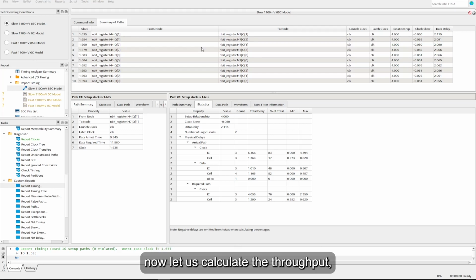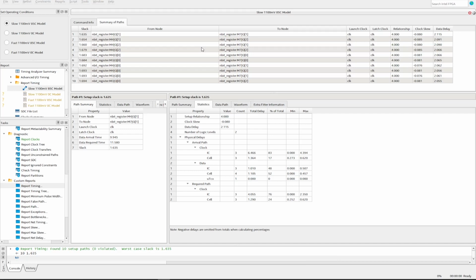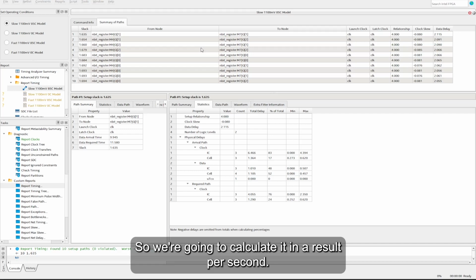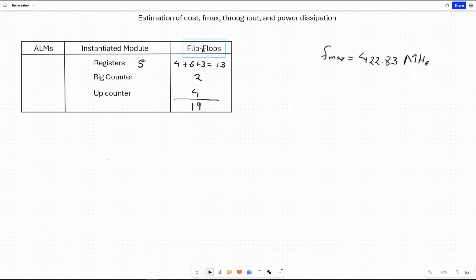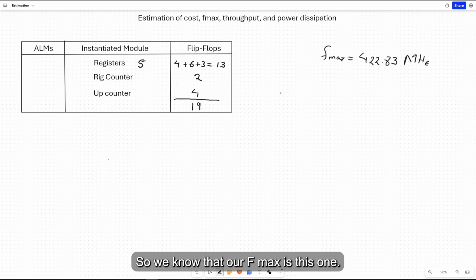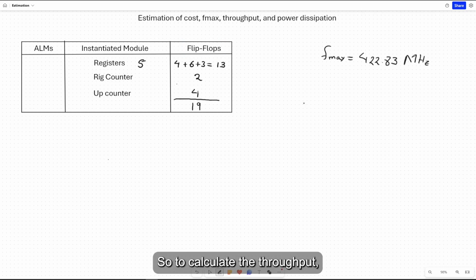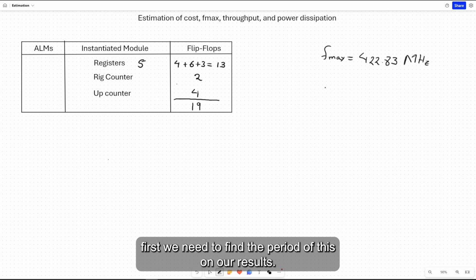Now let us calculate the throughput, the clock latency between the process. So we're going to calculate it in results per second. So we know that our fmax is this one. So in order to calculate the throughput, first we need to find the period of this on our result.